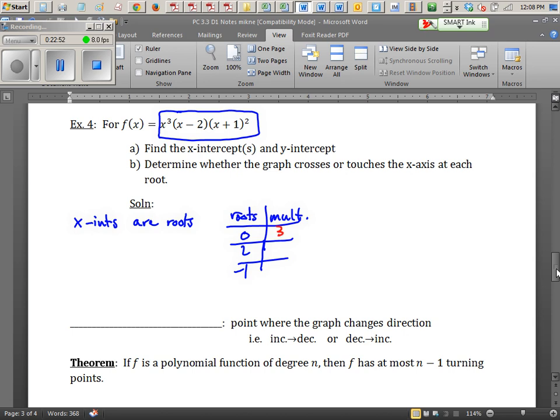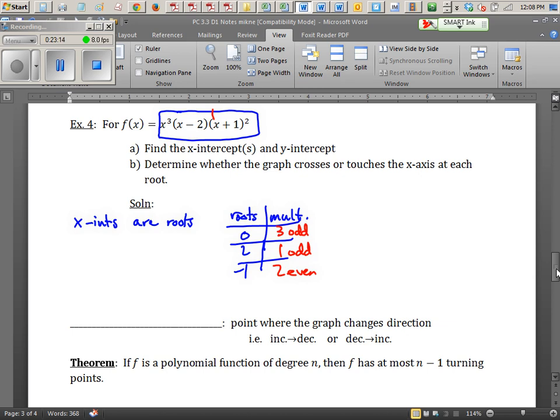Okay. And then the 2 shows up how many times? Only 1 power, right? So this is multiplicity 1. Negative 1 shows up as a double root here, so you put multiplicity 2. Okay, watch closely. This is an odd number, last I checked. This is an odd number, last I checked. And this is an even number, pretty sure.